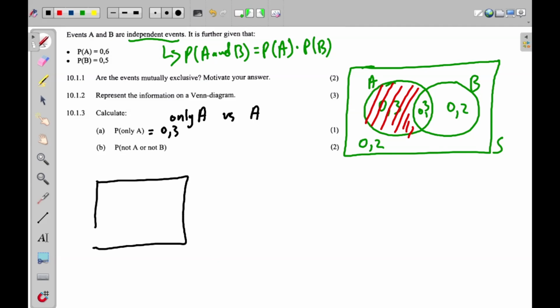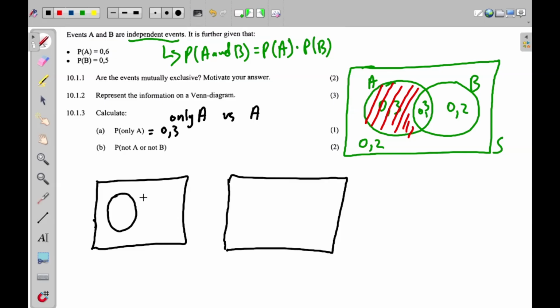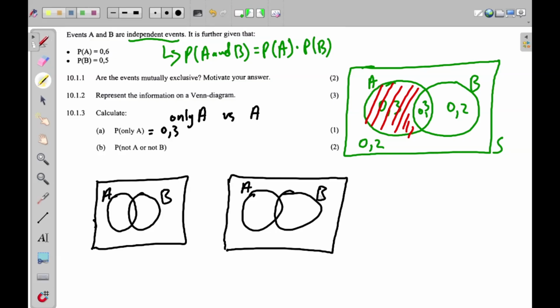I'm going to take you through a process of understanding what happens when you take the union of not A and not B. So let's assume this is A and this is B. Again, the same thing here. That's an A and that's a B. So I'm going to shade not A in the one Venn diagram, the one on the left.